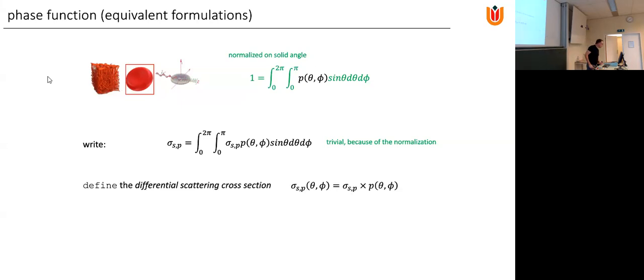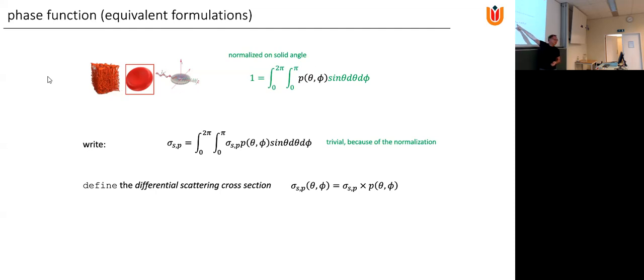There's a reason for doing this, because now I can define the so-called differential scattering cross section. The name is a little bit unfortunate because it has nothing to do with differentiation at all. But basically, from what you see here, the differential scattering cross section contains both information about strength and direction, separated into two.